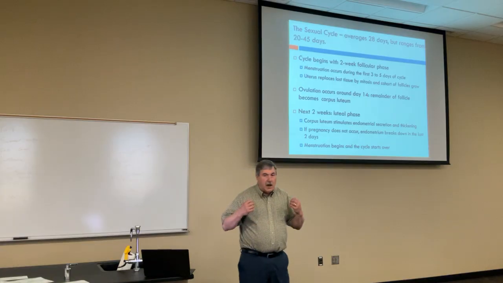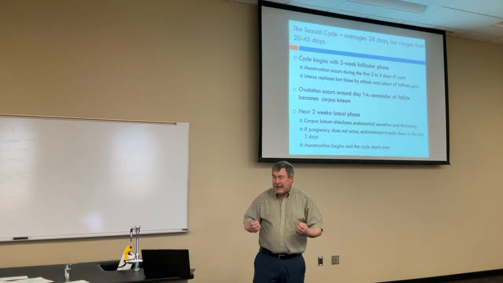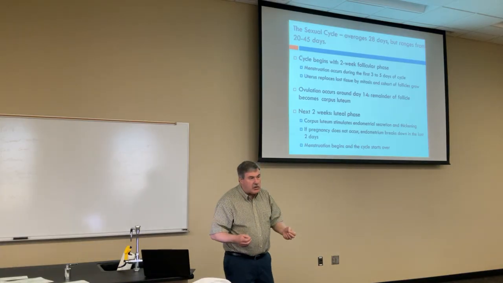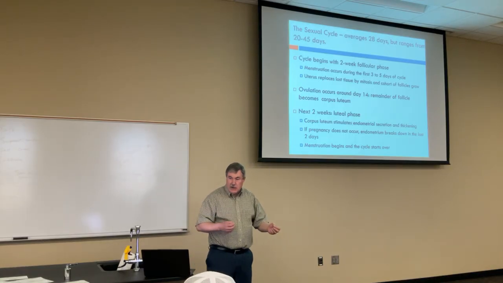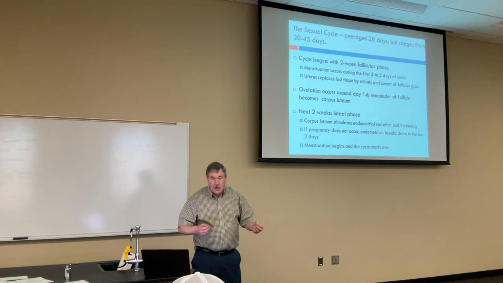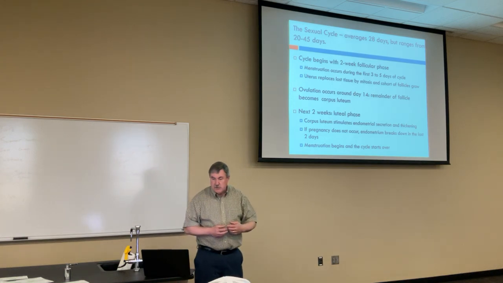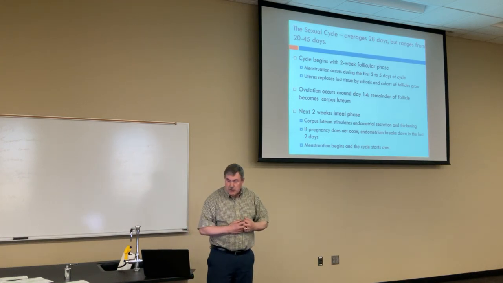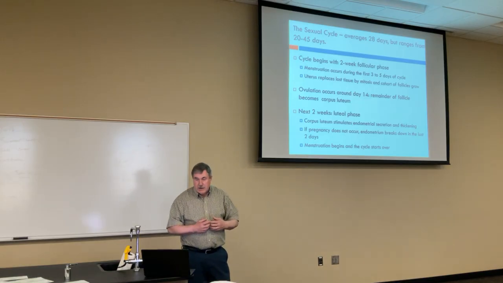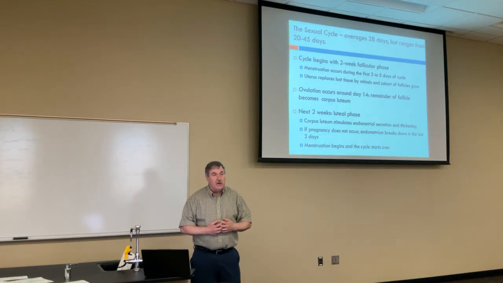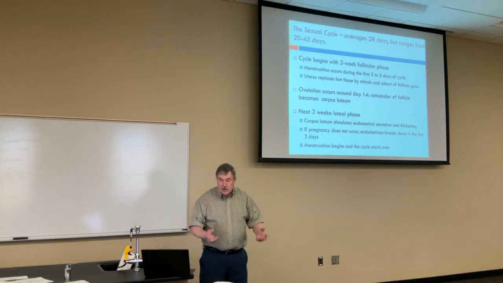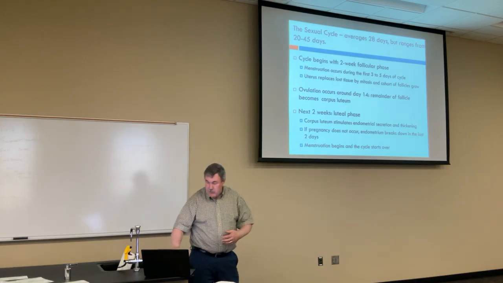Progesterone causes the endometrium to become more glandular and start secreting nutrients to support the early embryo when it implants, and it also maintains the endometrium so that it doesn't slough off. If pregnancy doesn't occur, the endometrium starts breaking down in the last 2 days of the luteal phase. And then menstruation begins and a new cycle starts at that point.